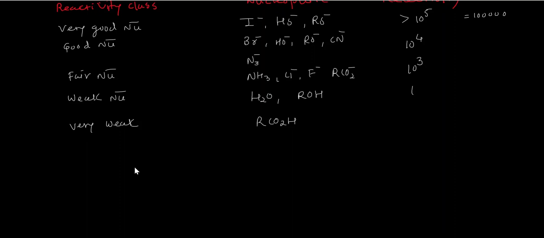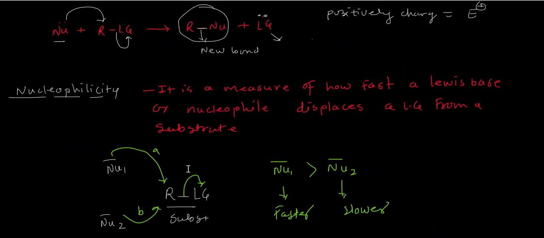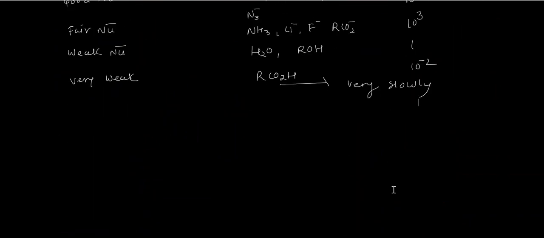The reactivity is 10 to the minus 2 times, so they react very slowly if you consider them as a nucleophile. This is related to nucleophilicity, which means how fast that nucleophile displaces a leaving group from the substrate.